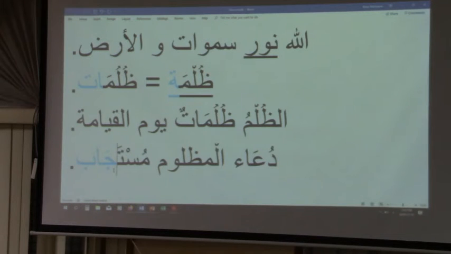But if the musafir is a zalim like you, his dua won't be answered, sorry. So duaa al-musafir al-zalim is not mustajab. Right? Good. So what is the meaning of mustajab? Answered. What is the meaning of oppressed? Oppressor? Zalim. Oppression? Zulm. To oppress? Zalama. Darkness? Good.